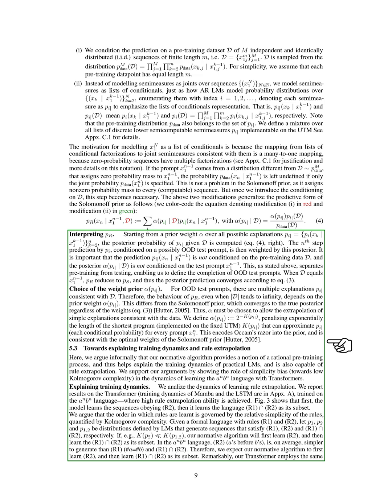This, as stated above, separates pre-training from testing, enabling us to define the completion of OOD test prompts. When D equals X_1^{N-1}, P_R reduces to P_S, and thus the posterior prediction converges according to the equation.